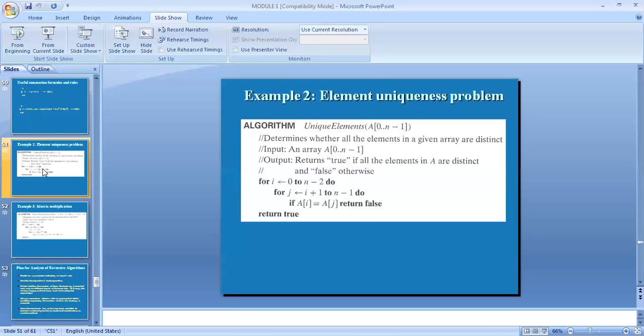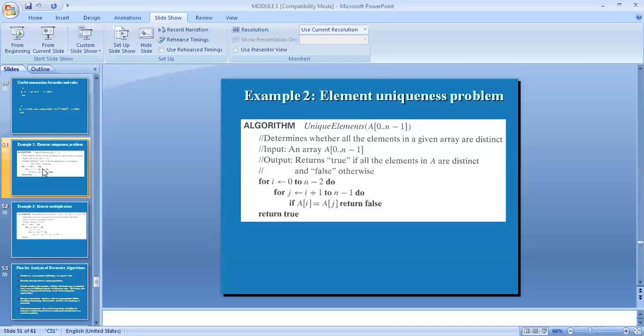An inspection of the innermost loop reveals that there are two kinds of worst case inputs: arrays with no equal elements, and arrays in which the last two elements are the only pair of equal elements.